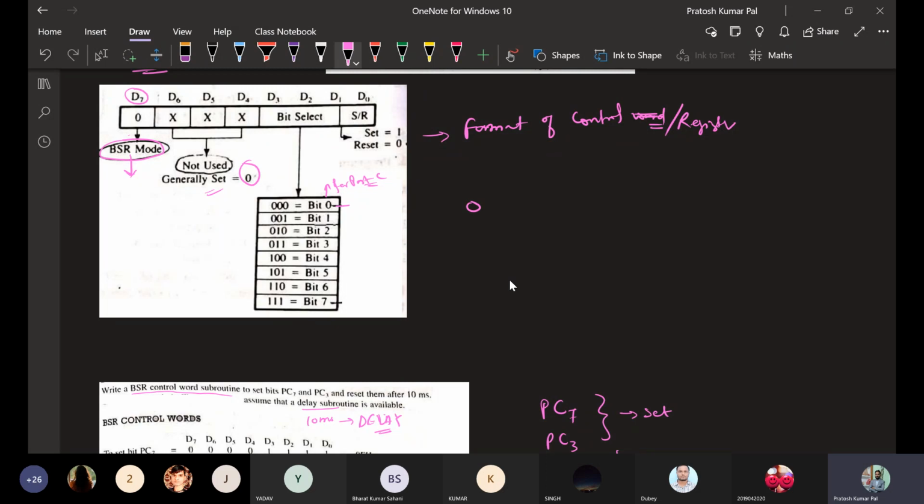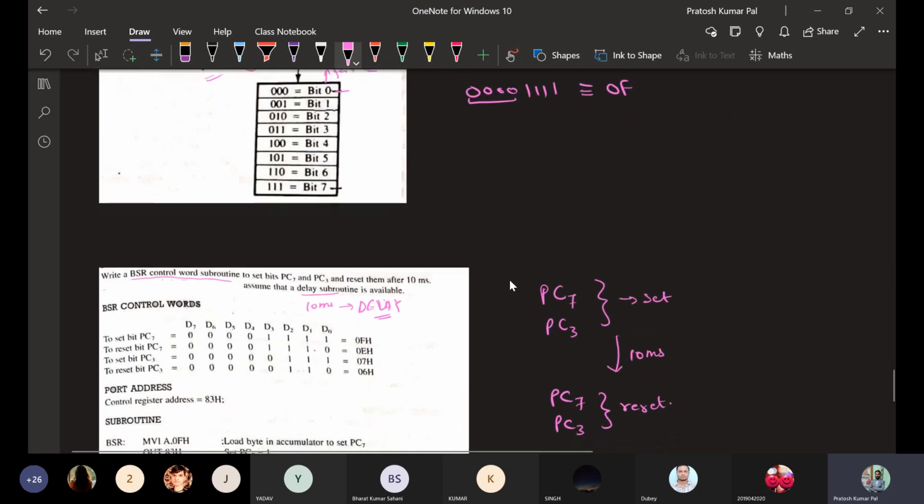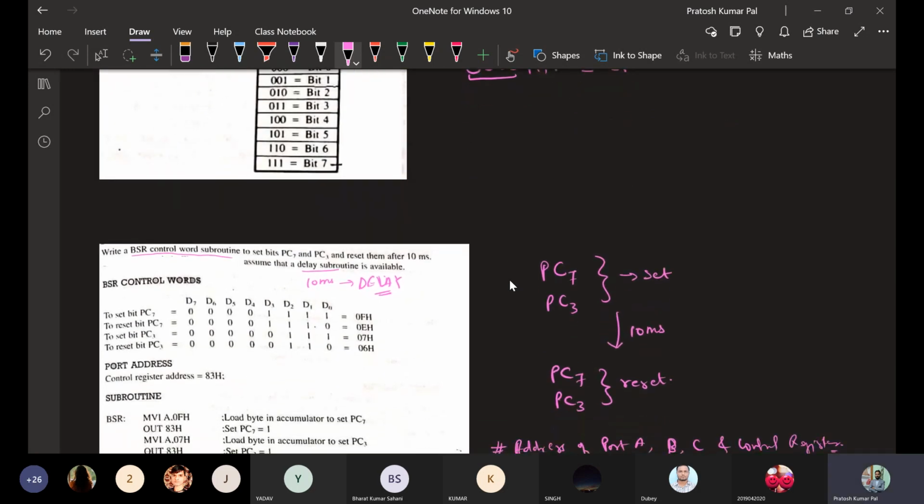D4 to D6 we have made 0, 0, 0. PC7 is selected, and now it is set; set means it is 1. So its value is 0F. So 0F will be for PC7 to set.